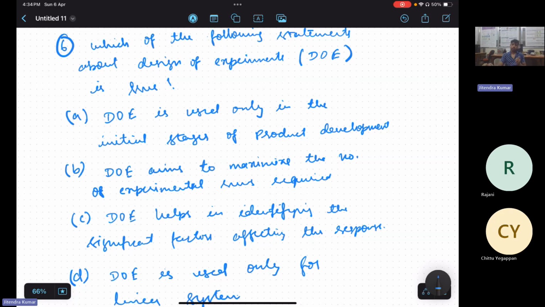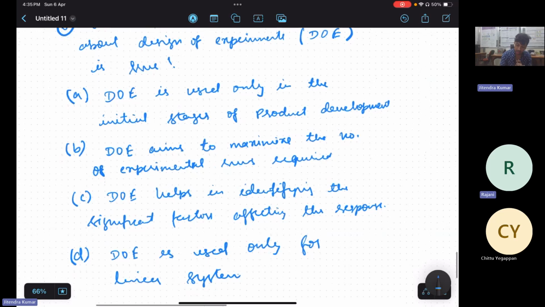So this option is incorrect. DOE is applied throughout the product testing, from the initial design to the optimization to the troubleshooting.